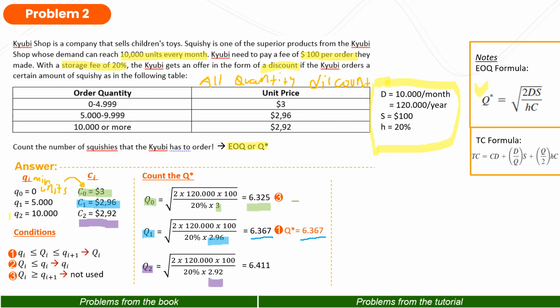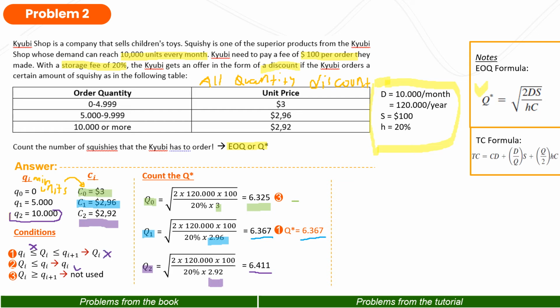And then for the Q2, the quantity is 6,411. So we look at the first condition. The little q2 is 10,000, and it is bigger than the big Q2 here. So it is matched with the second condition.